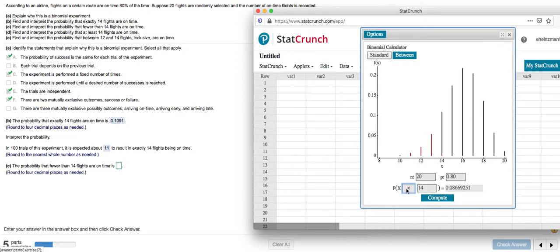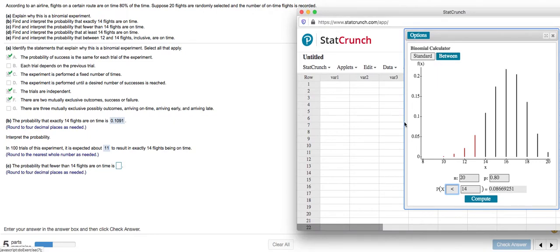So this to me says the random variable is less than 14. And this is the corresponding probability for it. Again, rounding to 4 decimal places, we get 0.0867. So the language within the question tells you, is it less than, greater than, less than or equal to, greater than or equal to. So that was 0.0867.